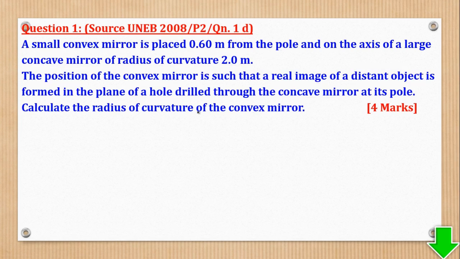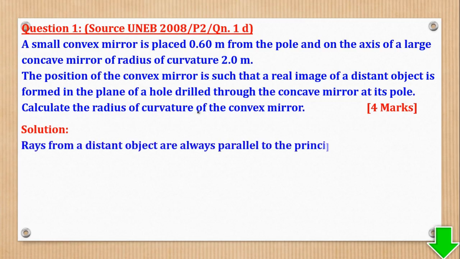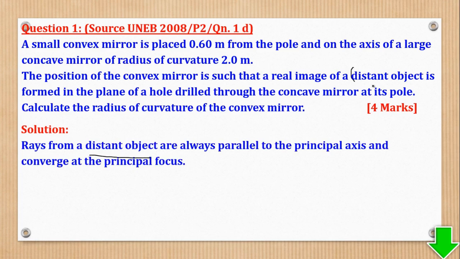So for some questions, if it involves more than one mirror, it is better you make a sketch. So let's just make a sketch of what is given. But there's something we need to remember, that rays from a distant object, we saw this word distant, what does it mean?